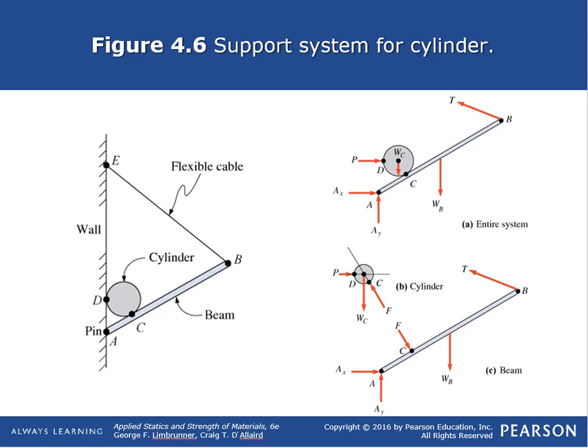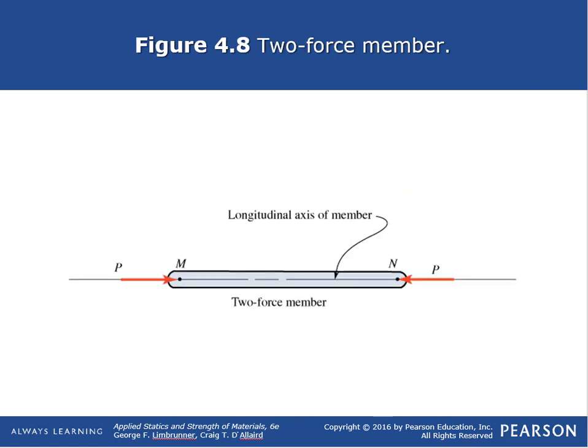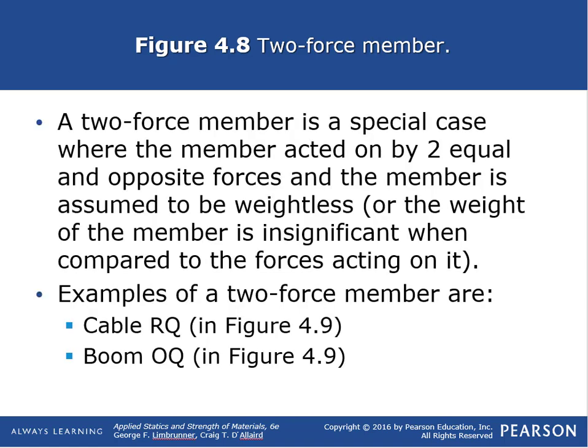Now, one more thing I want to talk about is a two-force member. This is a picture of one. It really has only one force and then its reactive force, so a two-force member is a special case.